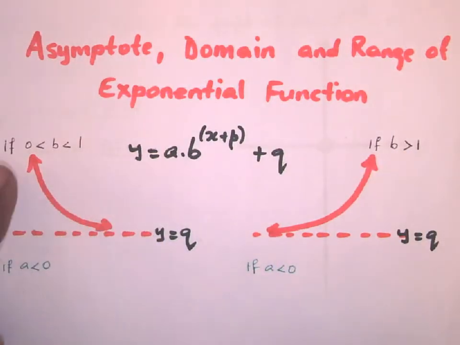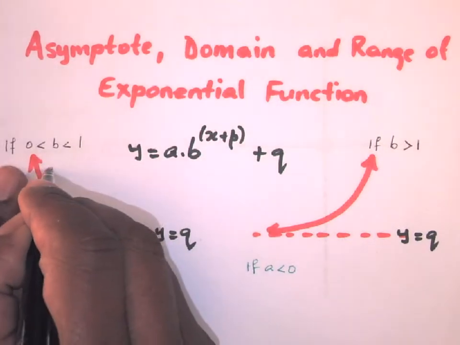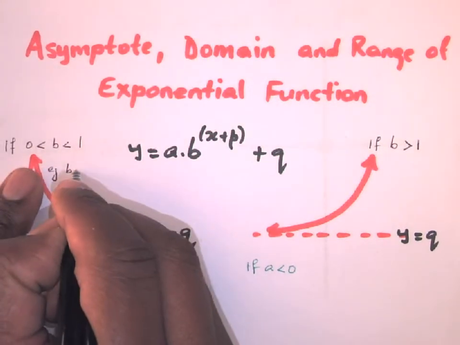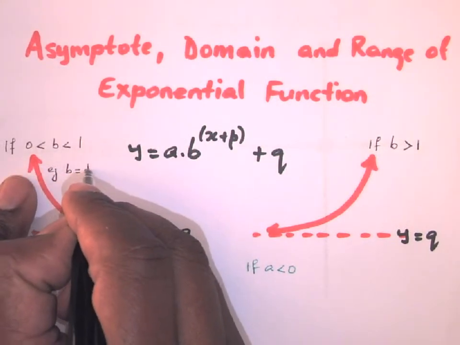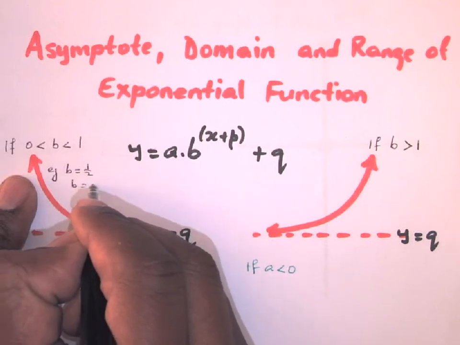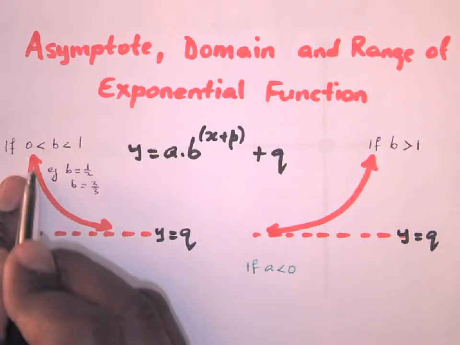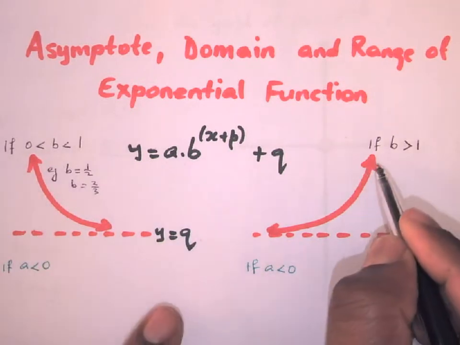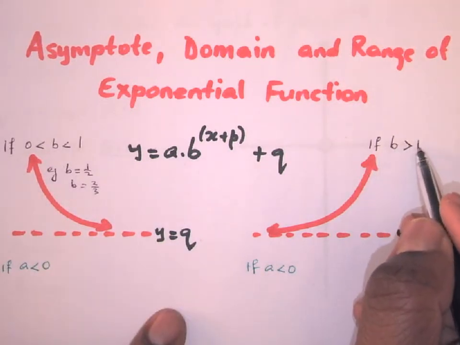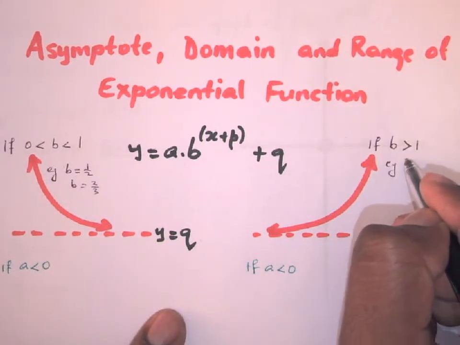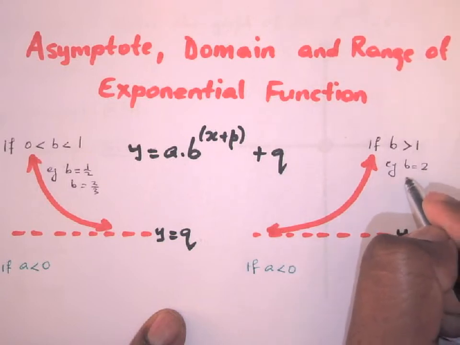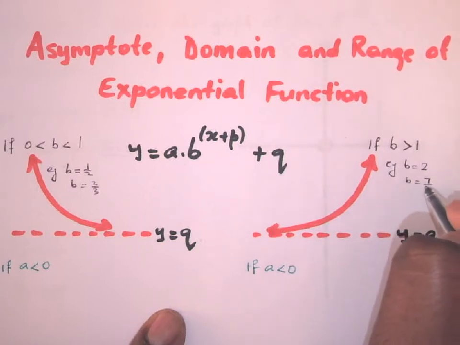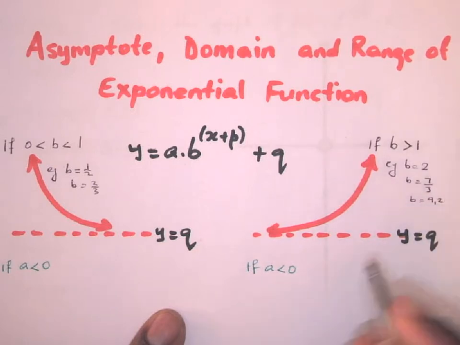For instance, if b is a half, or b is equal to 2 over 3, it would be a graph like this. If b is greater than 1, for instance, if b is equal to 2, or b is equal to 7 over 3, or b is equal to 9 over 2 or something, the graph will be an increasing function like this.